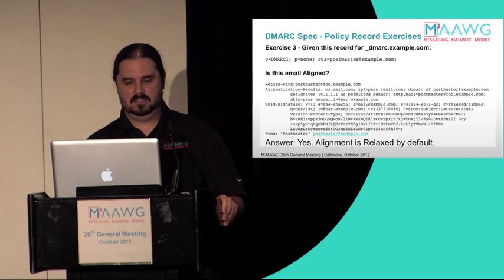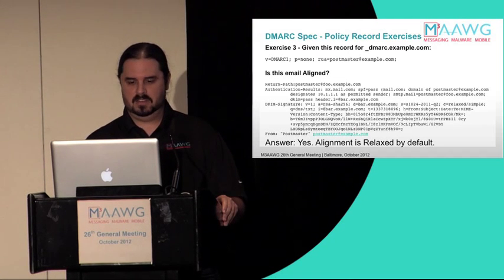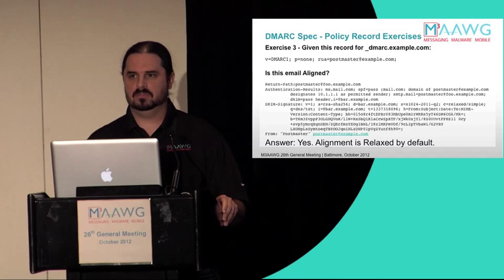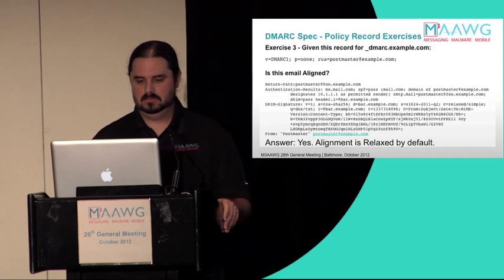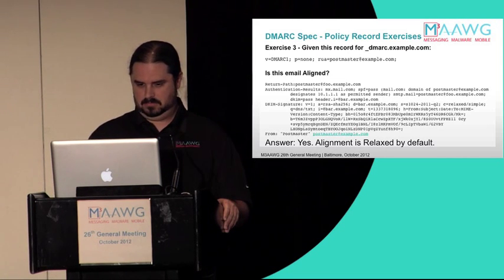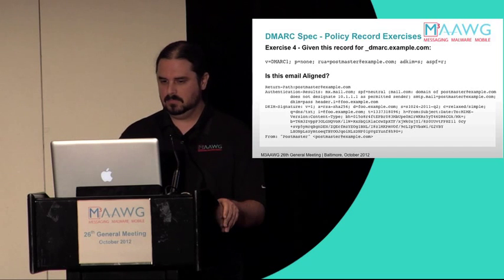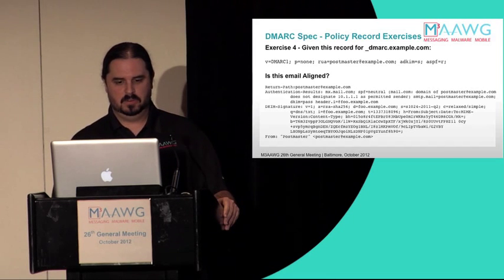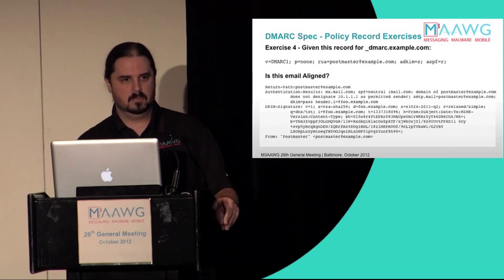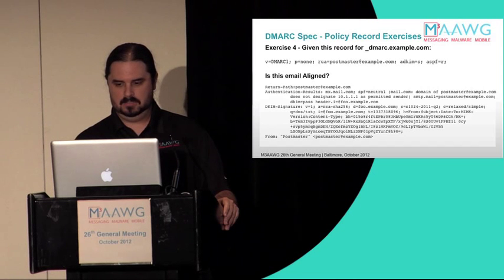If you don't specify it, it is relaxed. So in this case, the return path domain is foo.example.com and SPF passes. The from domain is example.com. They share an organizational domain, therefore they're in alignment. And everything is hunky-dory.